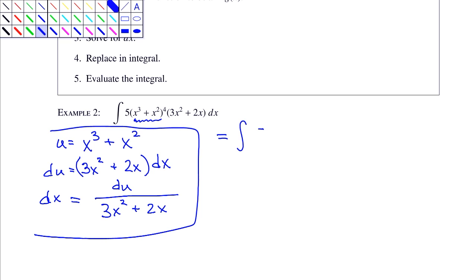So we're going to have 5. The x cubed plus x squared is now u raised to the 4th, times 3x squared plus 2x, times, now replace the dx with what we saw for dx over here. So that's now du over 3x squared plus 2x.